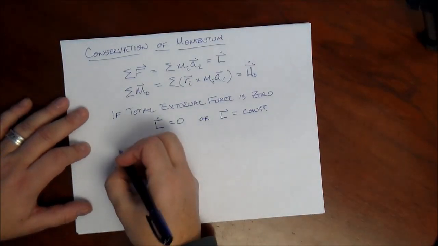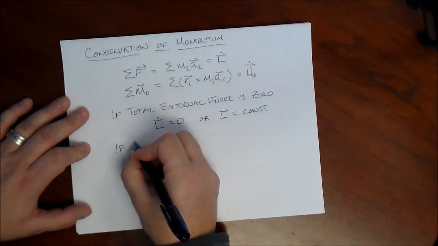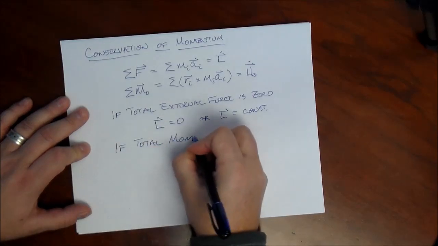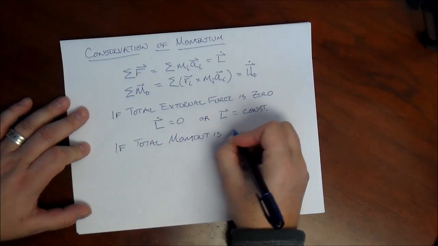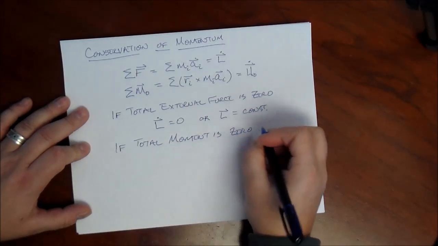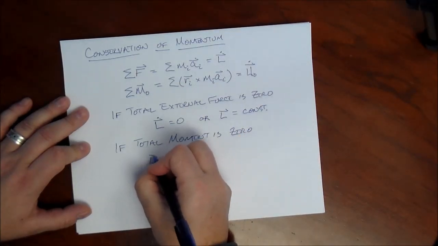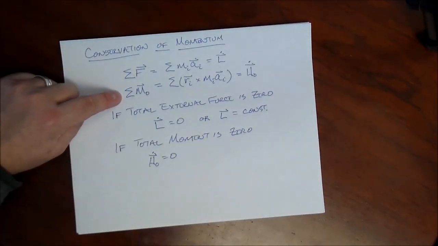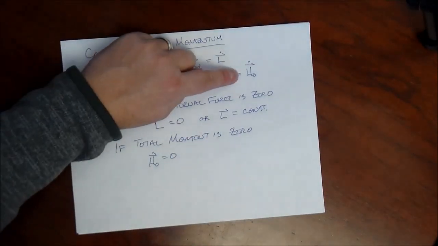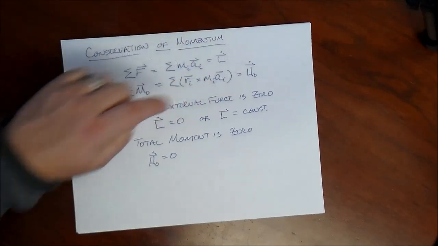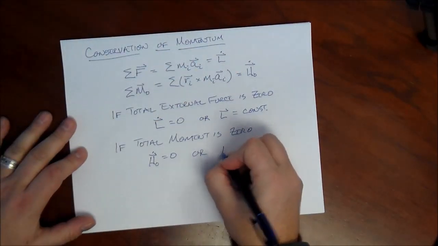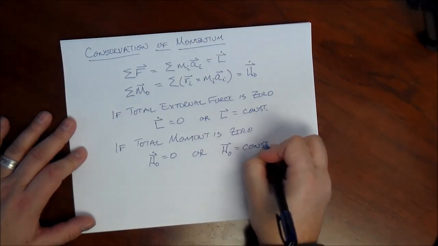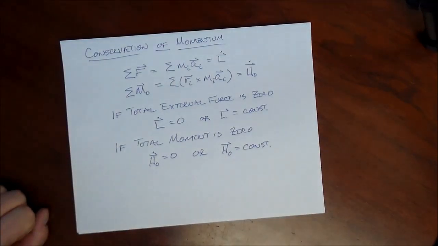We also can say now that if the total moment is 0, that means the time rate of change of angular momentum is equal to 0, which means that angular momentum is equal to a constant, or angular momentum is conserved.